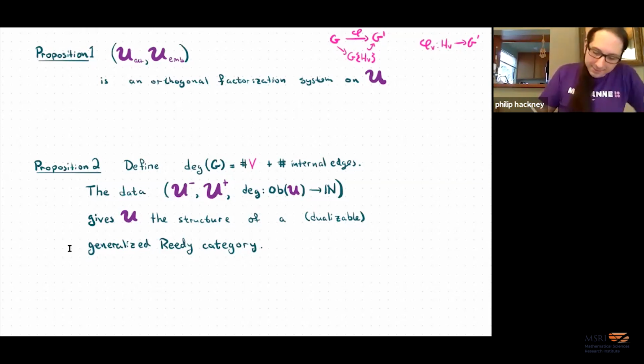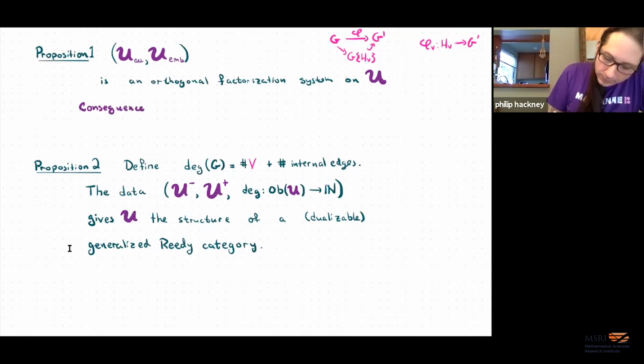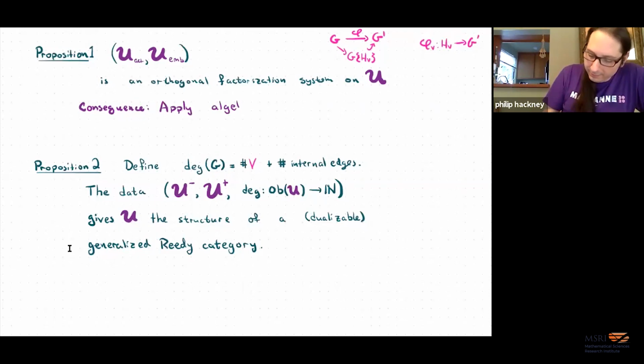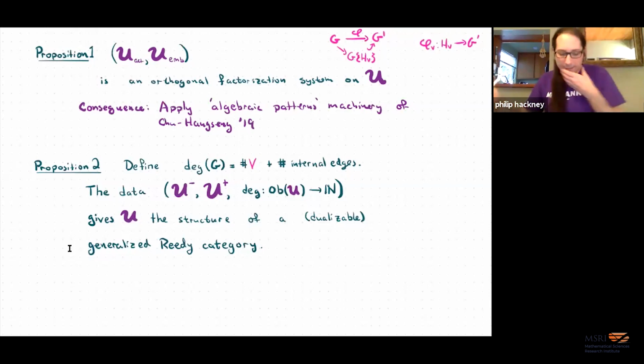And one consequence of this is that you can apply the algebraic patterns machinery of Hongyi Chu and Rune Haugseng to get a good notion of Segal presheaves.